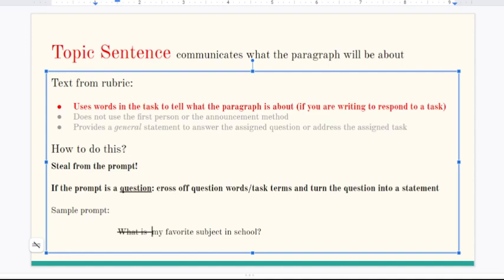But those don't give your reader enough information. Your reader needs to know that your favorite subject in school is humanities. And so that is why using all of the words that are left, using as many key words as possible from the question, will help you have a really specific topic sentence.